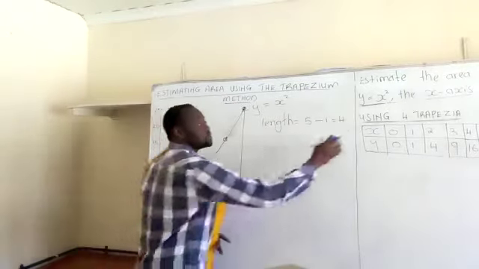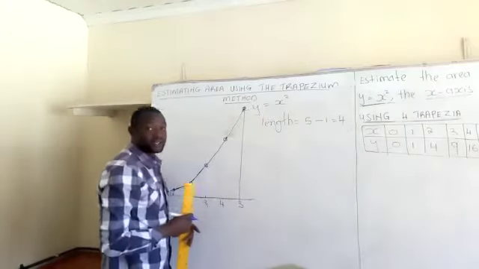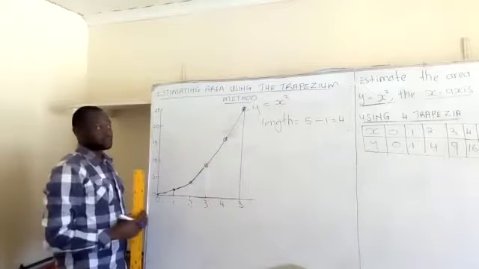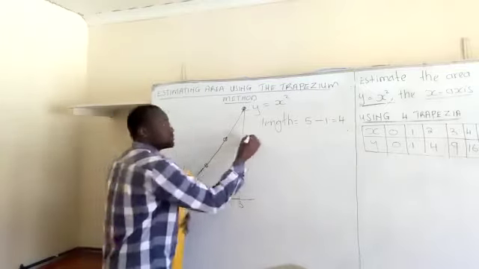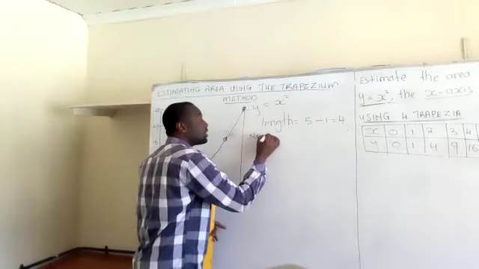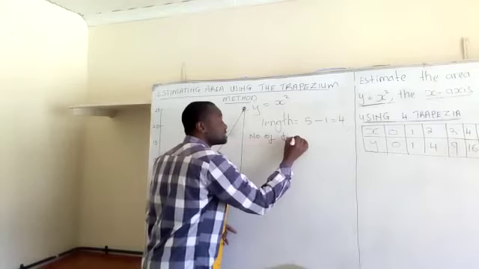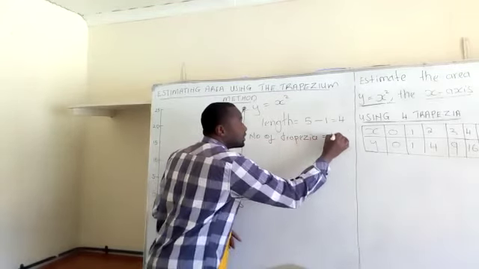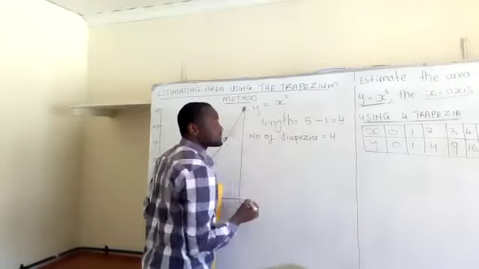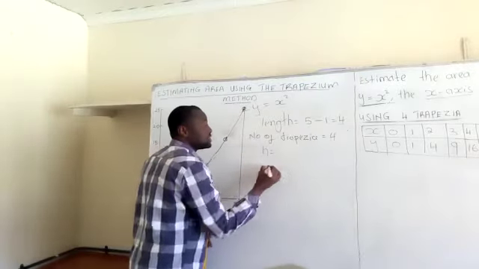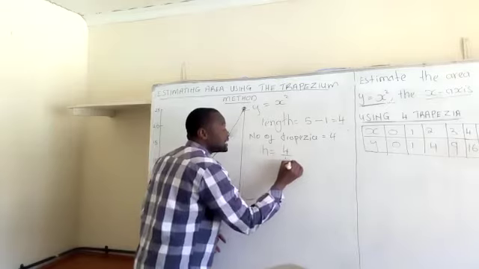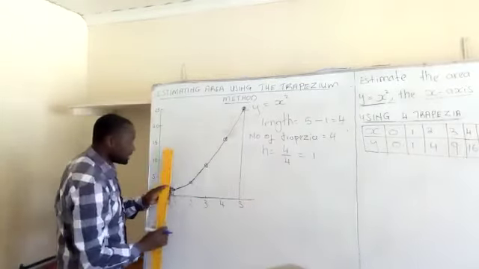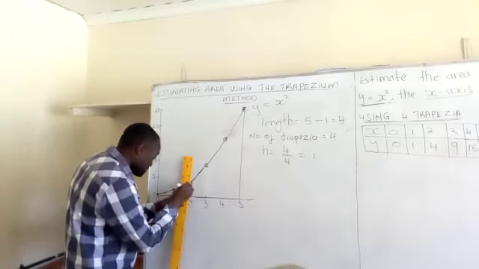We want to use 4 trapezia. Therefore, what will be the length of each trapezium? The number of trapezia is 4, the length is 4, so the height of each will be 4 divided by 4, which gives us 1. So after every 1 unit, we get a trapezium.